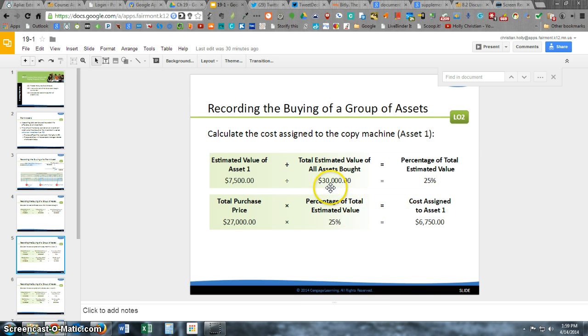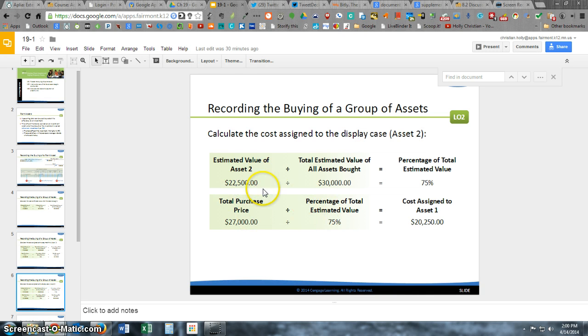Now I didn't pay $30,000, I paid $27,000. So I'm going to take $27,000 times 25%. That gives me $6,750. That's the cost that I'm going to assign to asset number 1. Even though it's valued at $7,500, my actual cost was only $6,750 because I didn't pay full price for it.